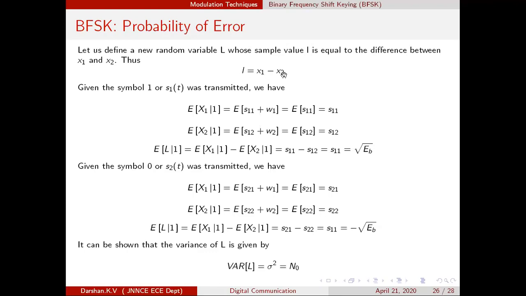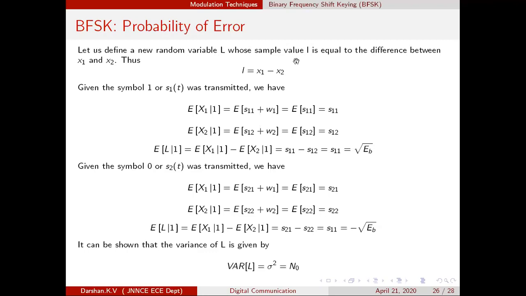So L is equal to x1 minus x2. What does L represent? This represents a random variable capital L. x1 and x2 are also random in nature. So the random variable associated with x1 is capital X1, and the random variable associated with x2 is capital X2.